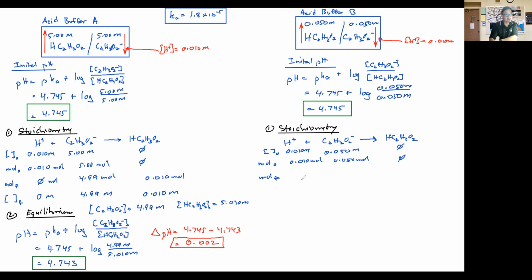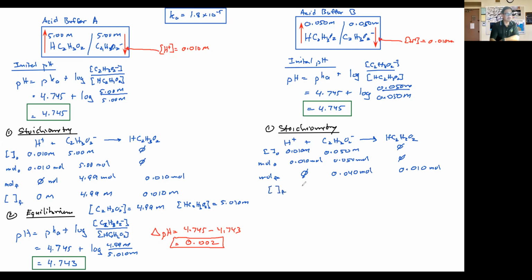So this will run out first, and therefore we will form 0.010 moles of the acetic acid. But if you notice here, the change in the acetate is going to be 0.040 moles.